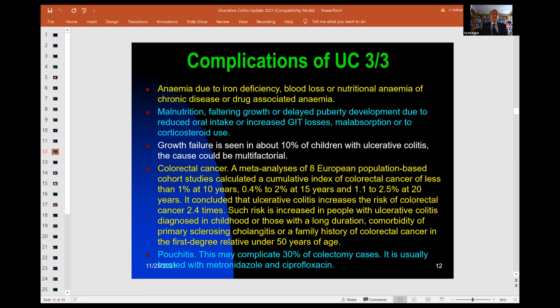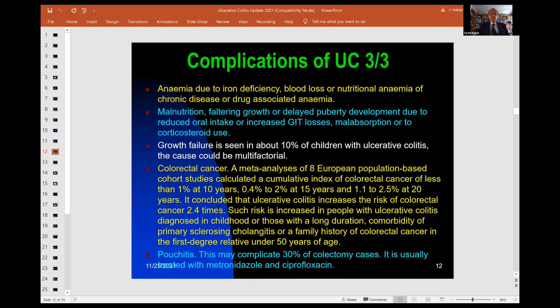That means if the ulcerative colitis has been present in a patient for 20 years, then the incidence of cancer developing side by side is higher. Overall, it is calculated that an incidental colorectal cancer can occur 2.4 times more often in patients suffering from ulcerative colitis.